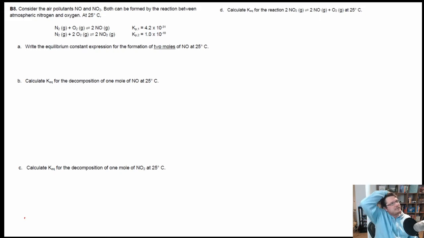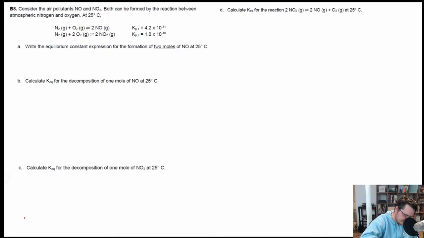So B8, I don't think you guys really covered how the relationships of the equilibrium expressions can be manipulated and changed around to figure out what the KEQs are going to be if you know them for certain reactions and how they stack up.